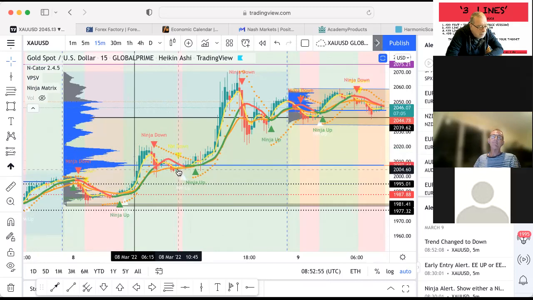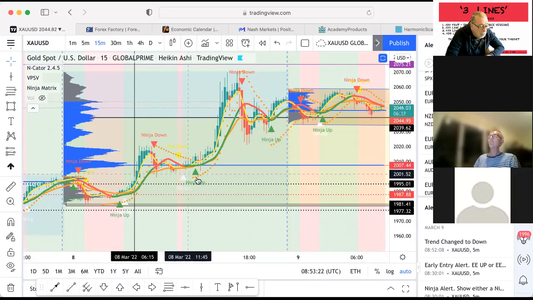But you've got green candles. So you've got a Ninja down, you've got a Ninja Matrix down, but you've got green candles. The red 13 MA is saying sell, the Ninjacator is saying sell, the Ninja Matrix is saying sell, but what will stop me getting in is these are green candles. So I wouldn't have got in at that point, sticking to my rules.